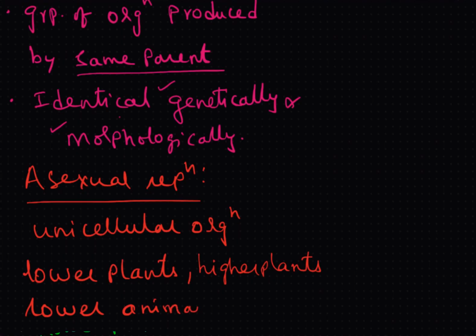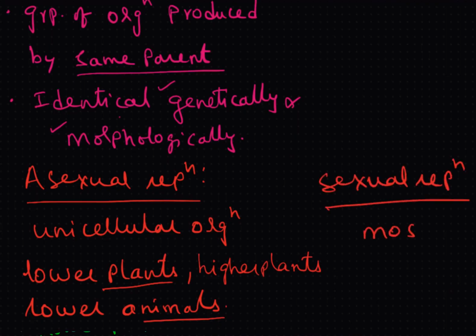What do you mean by lower plants and animals? These have a simple organization of the body, whereas sexual reproduction is seen in most of the animals. Most of the animals exhibit sexual mode of reproduction, right?